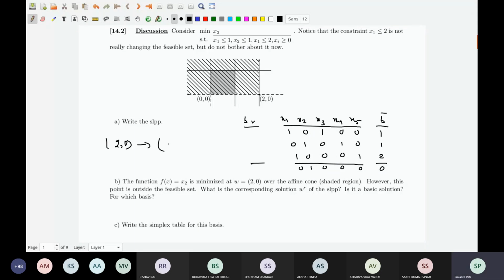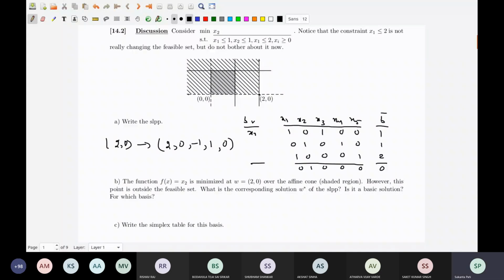That is how it will satisfy the first row. And then this will be 1, so that x2 plus x4 equals 1. And then x1 plus x5 is equal to 0. Then the basic variables are x1.